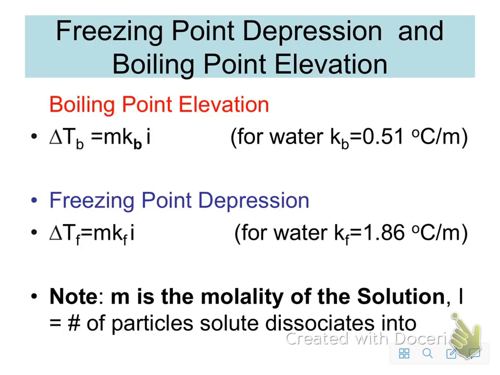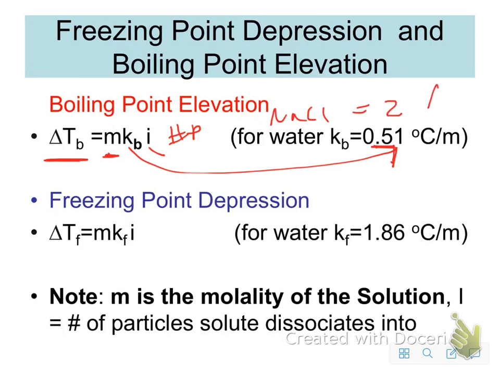But if you are asked to calculate, here is the equation that you'd use. So the change in temperature at boiling is the molality times some constant which has to be provided for you. So here's the value for water. And i is the number of particles. So if I have NaCl, i is 2. If I have aluminum oxide, Al2O3, my i is going to be 5 because it breaks up into 5 ions.